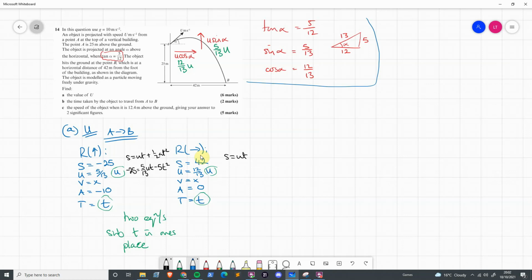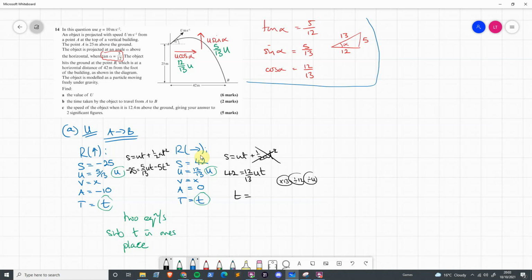So s equals ut plus half at squared, or 42 equals 12 over 13 ut, and because a is 0, all of this is 0. So why don't we rearrange this to get t equals, and then substitute it into my other one. So t equals, let's times by 13, and divide by 12, and divide by u.